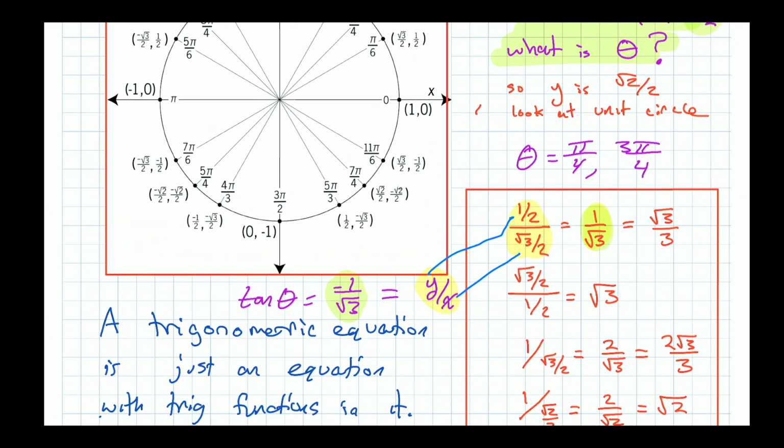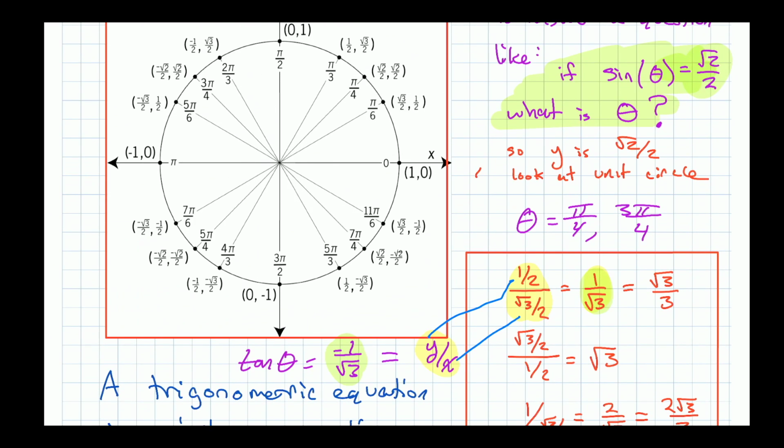So I'm looking for y equals 1/2. Where is y equal to 1/2? Here's one. And I'm over here instead of here, for example, because here they're both positive. If I divided those, I would get a positive 1 over square root 3, and that's not what I'm looking for.